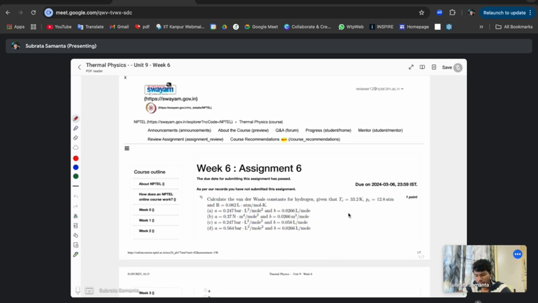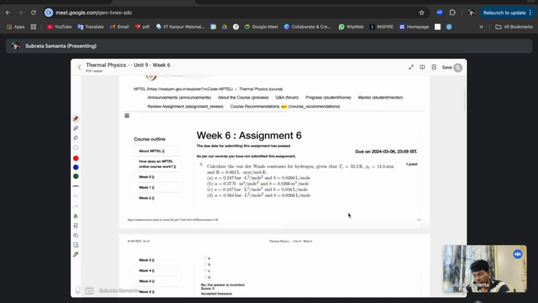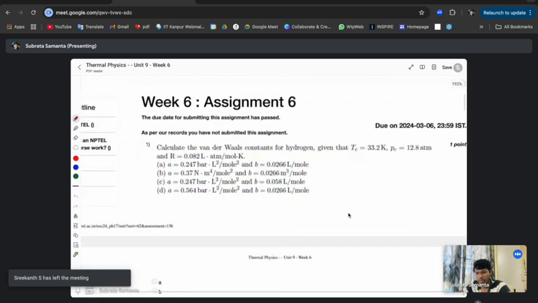You can also write in the chat box. If not, then I will start the problems one by one.